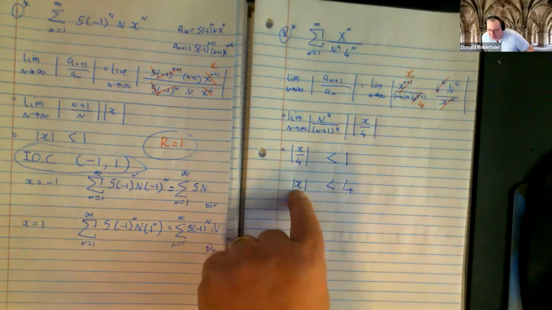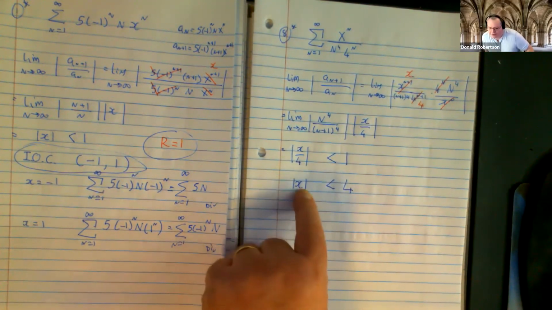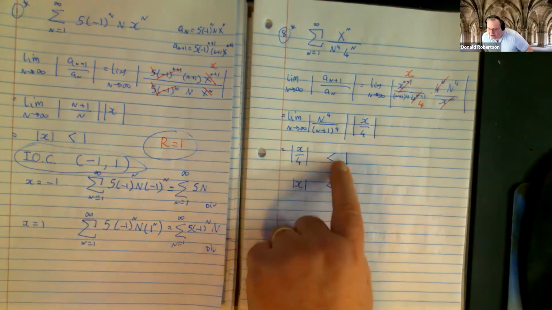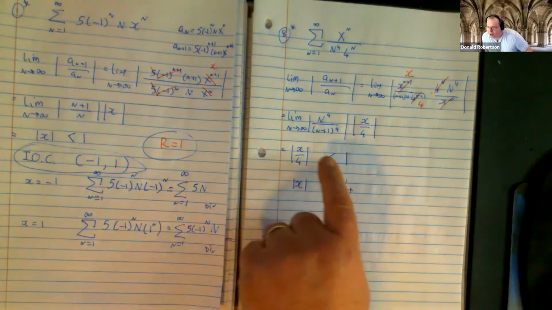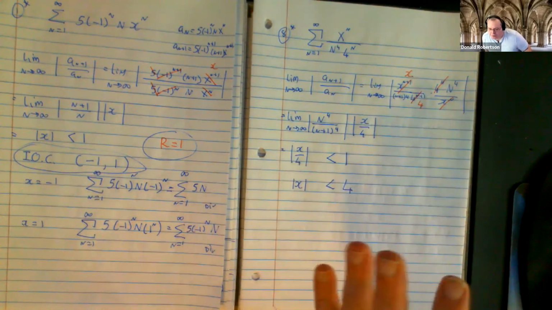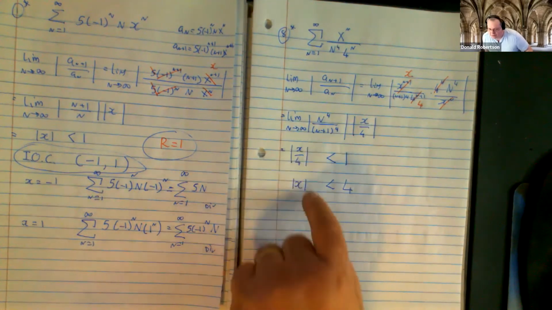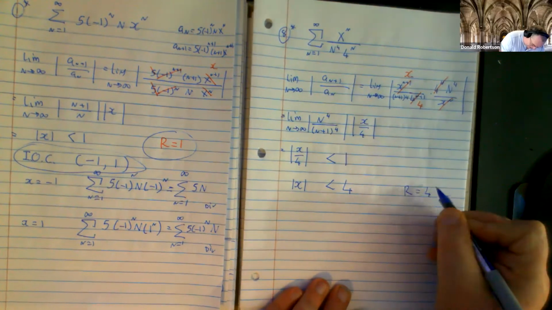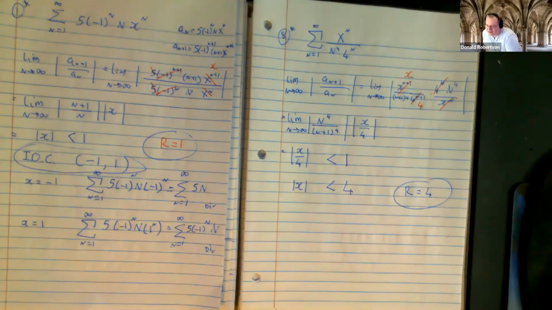This bit here is not allowed typically to have any numbers, so it has to be the absolute value of x. Do you see how I would get from this line to this line is basically multiplying by positive 4, and as long as the numbers are positive, this is allowed. So I now have an R value that is not 1, yay. So radius of convergence could be 4.